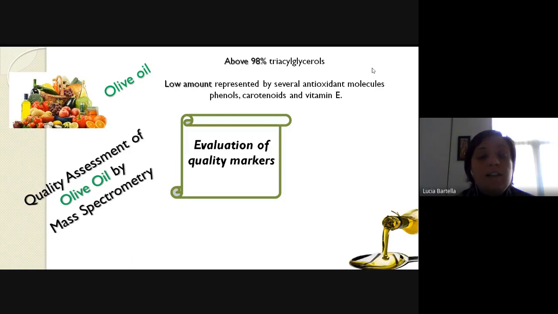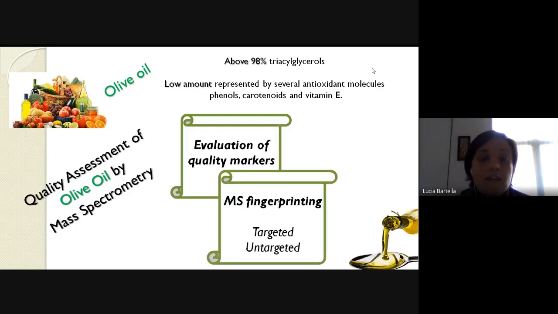We can evaluate the amount of specific quality markers, or we can perform MS fingerprinting analysis, MS profiling analysis to characterize the matrix or to characterize a specific class of molecules.